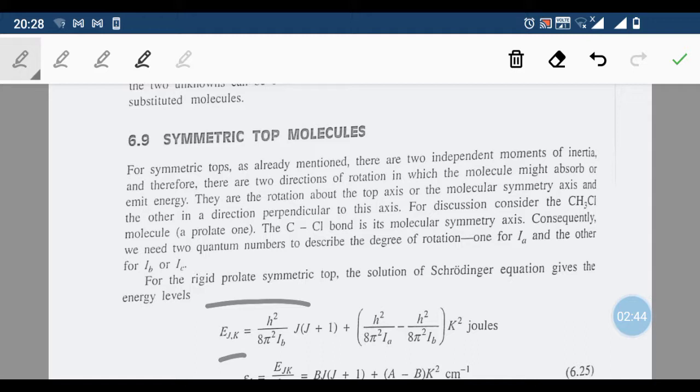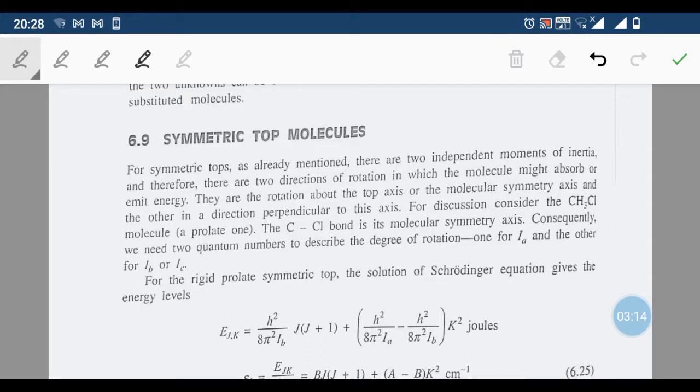For different values of J, K can have values 0, plus or minus 1, plus or minus 2, etc., up to plus or minus J. Because here we have two different types of moment of inertia, we have two quantum numbers associated, J and K.